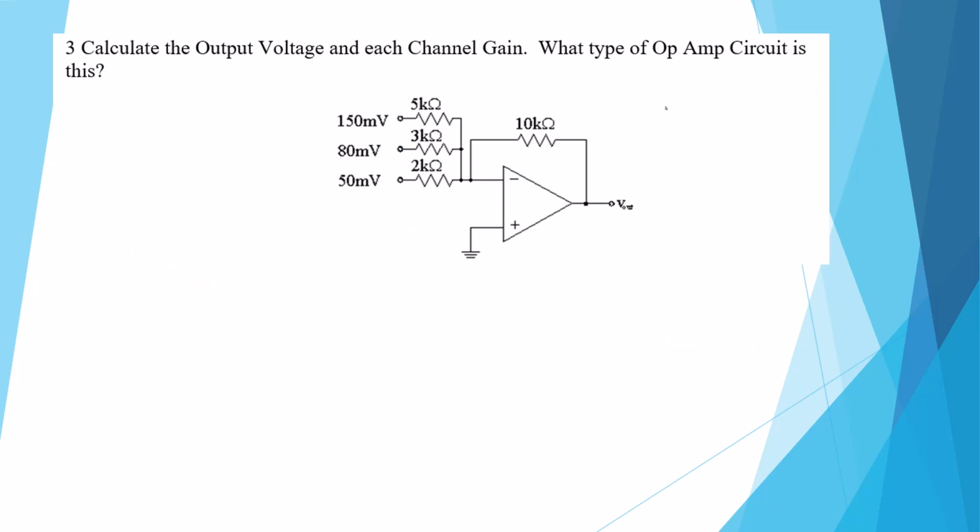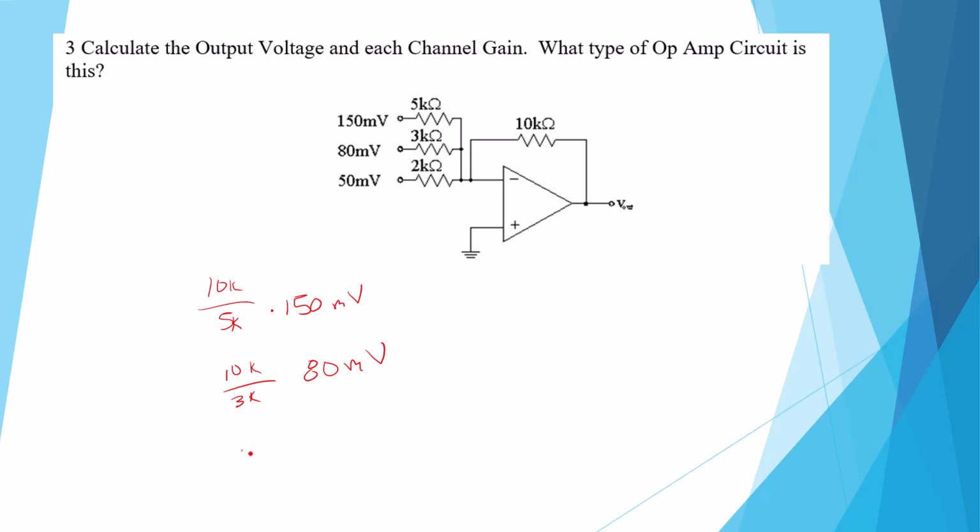This is a summing amplifier where we're going to look at each of these separately and sum them up. So the first thing is going to be our gain. So we have 10k over 5k times 150 millivolts, and then we're going to have 10k divided by 3k times 80 millivolts, and we're going to add these as we go.